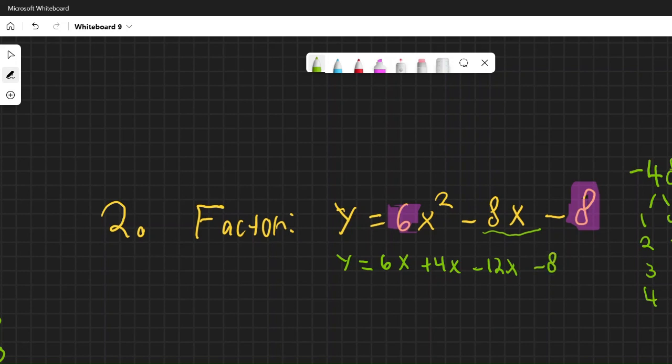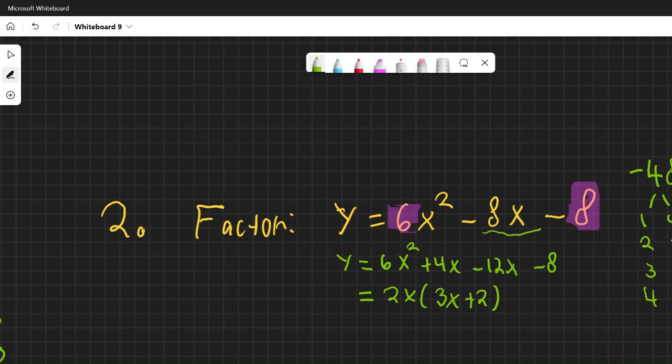One thing that can sometimes happen when you are factoring by grouping is that if you group the wrong terms together, it won't work out. So in this example, it should not work out perfectly. If we factor out 2x from the first two terms, this would be 3x, since this is an x squared. 4x divided by 2x would be plus 2.